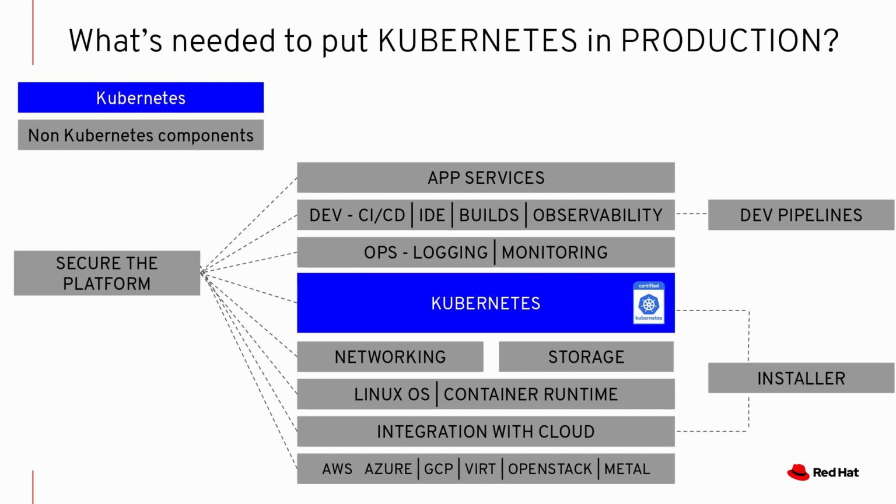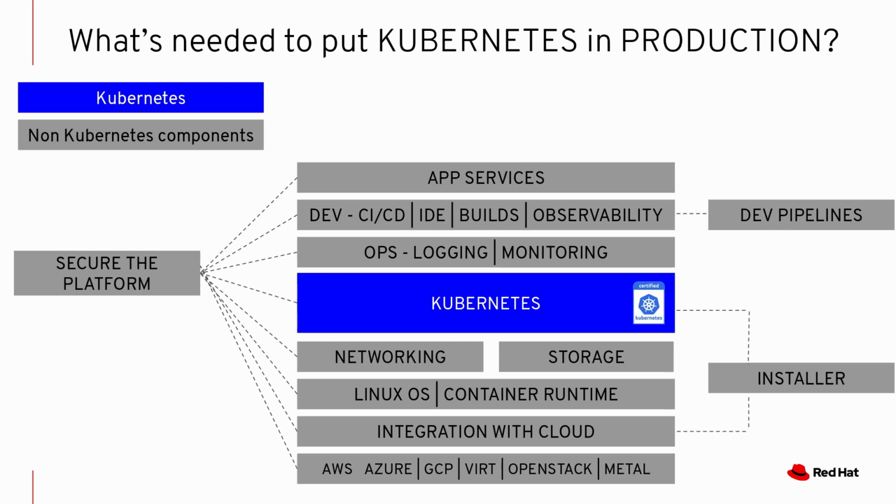And last but not least, you need to think about security. Kubernetes itself defines some security interfaces and some security features, but they need to be implemented in the platform. Kubernetes itself is just one of the layers.